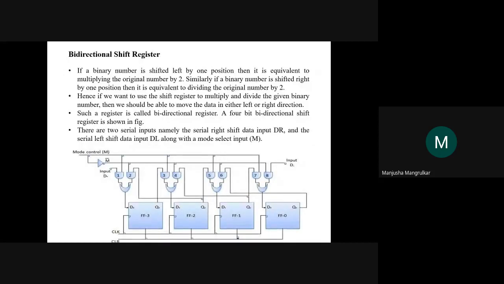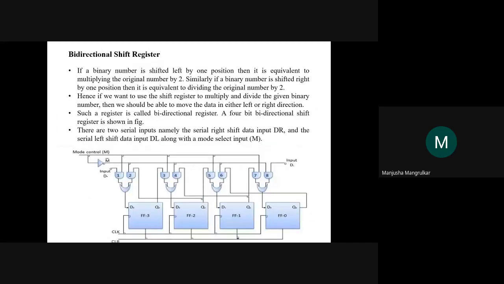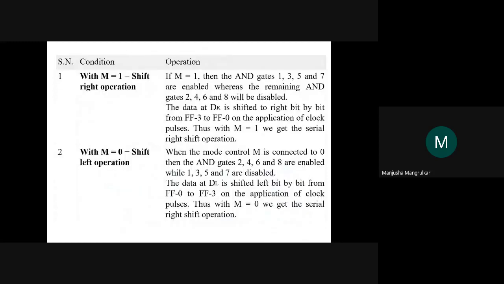If the mode is 1, this is 0, so 2, 4, 6 and 8 are disabled, and 1, 3, 5, 7 are enabled.